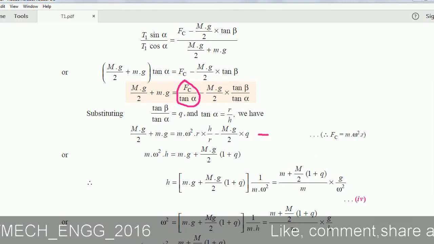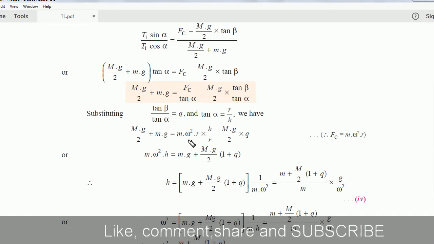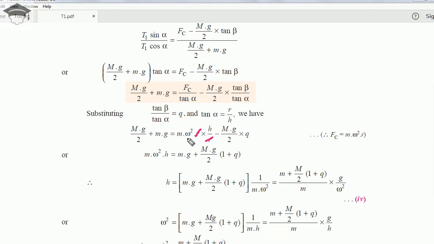Now we take m omega square h, because r gets cancelled, so m omega square h remains on this side, and Mg by 2 into q we take to the other side. So finally we get mg plus Mg by 2 taken out, and 1 plus q.